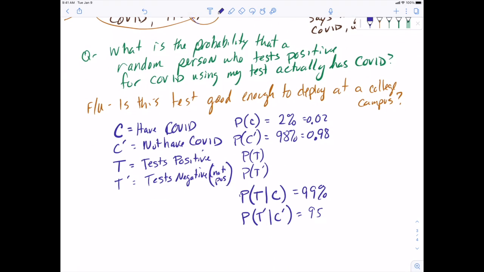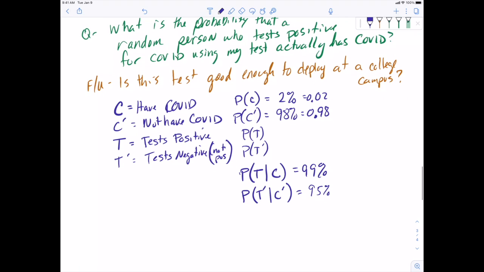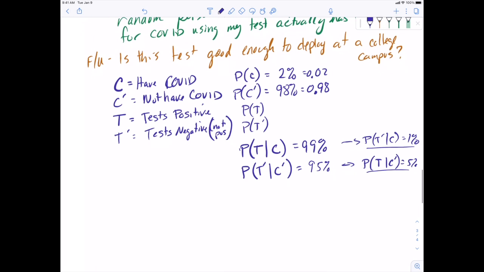So if you take those 100 people in the cohort who do not have it, the chance is 95% that you'll get a negative test, meaning a 5% chance that you get a positive test. So you could also write this: the chance that you get a positive test given that you're negative is 5%, and the probability that you get a negative test given that you have it is 1%, right? These logically flow, but we're not going to need these numbers, okay?